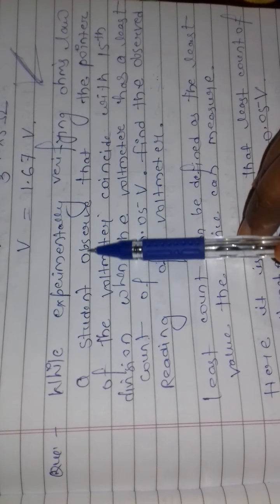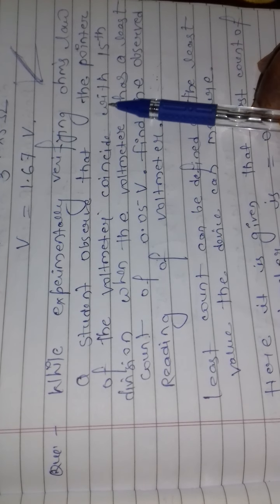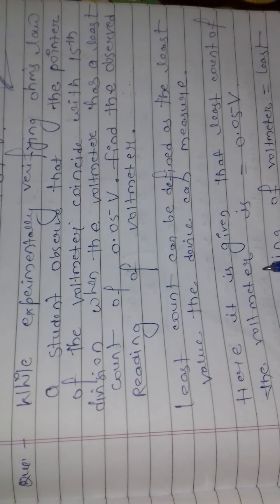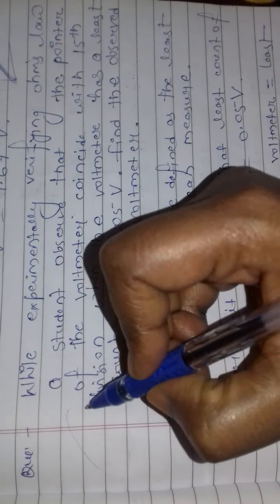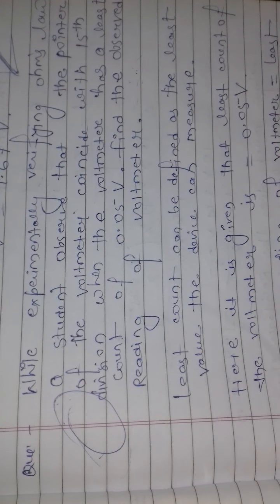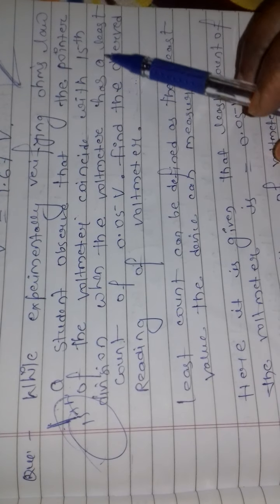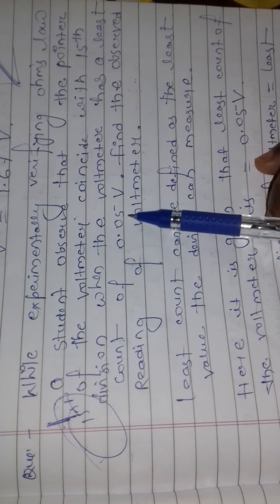So see, while experimentally verifying Ohm's law, a student observed that the pointer of the voltmeter coincides with the 15th division. If you have seen a voltmeter, divisions are given on it, and it has a least count. The pointer is on the 15th division, and the voltmeter has a least count of 0.05.